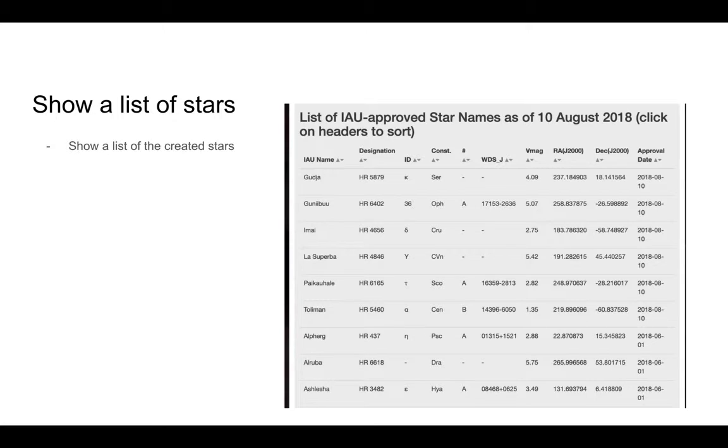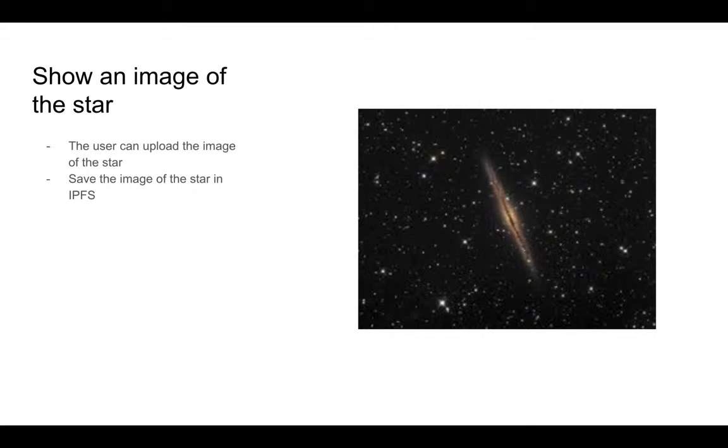You can show all the stars that you have created with all the information, just like in this table. Another good idea is to show the image of a star. So you can let the user upload the image of a star and store it in a system like IPFS. And also, you can store the hash of the image.